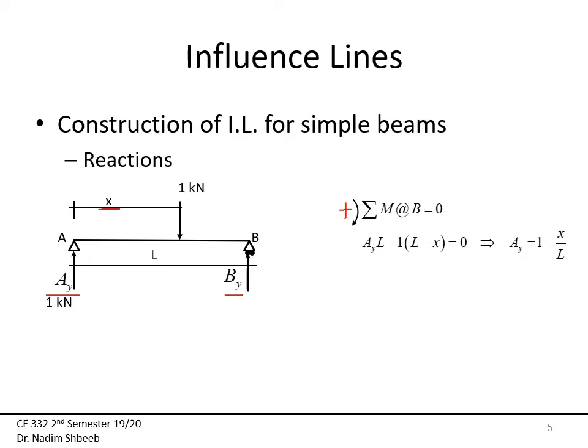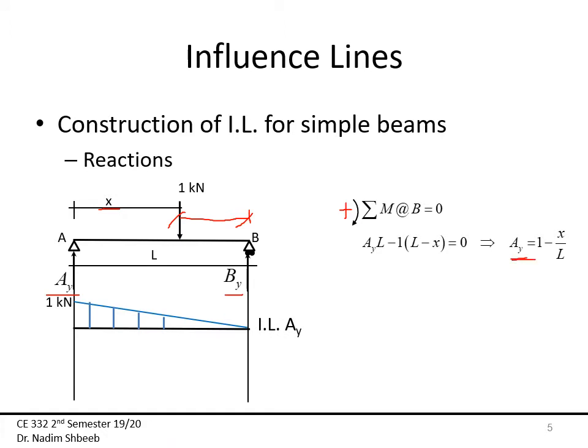So I'm going to have AY times L, minus this force, and I want this distance. Obviously, this distance is the total length L minus X, which will equal 0. So this gives me AY equal to 1 minus X over L. So that's the function for AY.